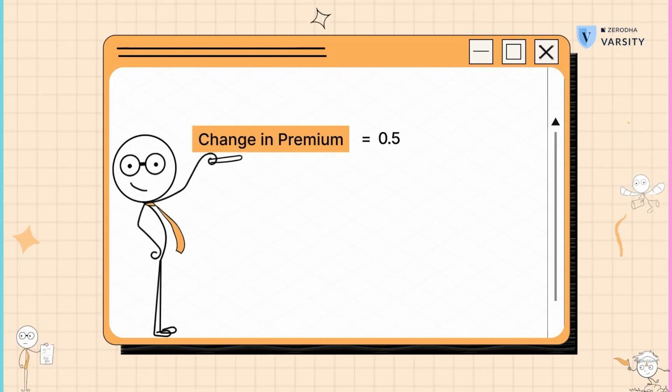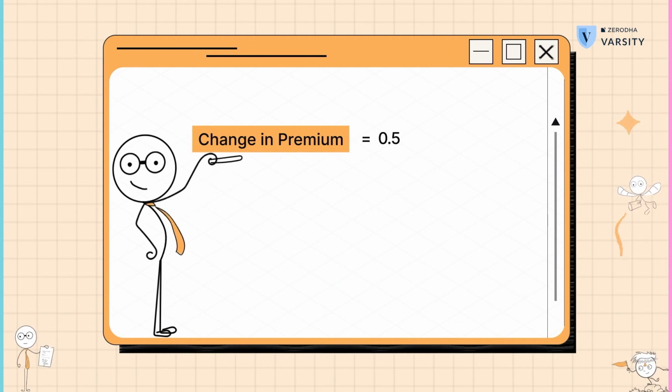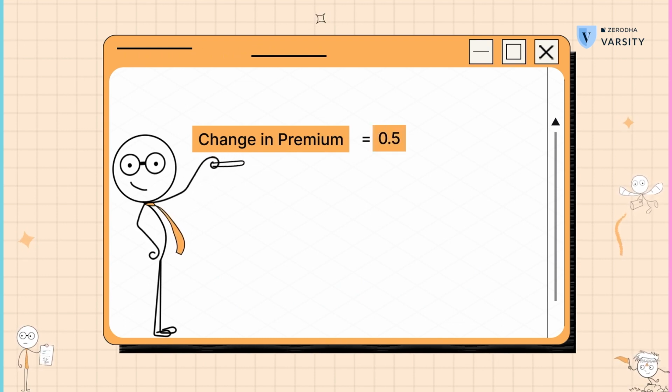I understand that's a lot of numbers that we've laid out, but let's think through this systematically. Firstly, this is an at the money call option. So the delta for this is 0.5. Next, we understand that for every 1 point change, the premium is expected to change by 0.5.